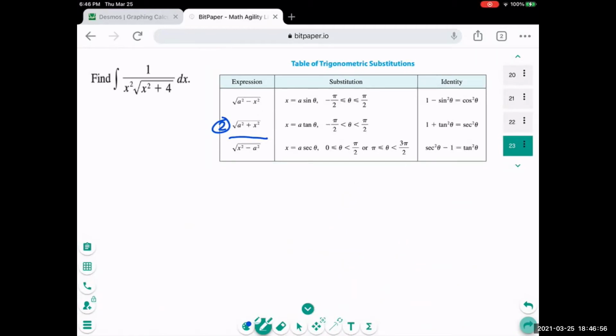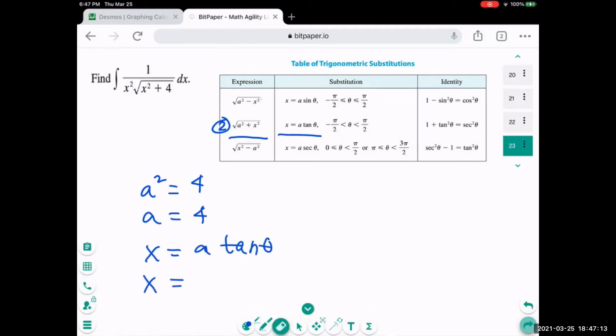So actually our a squared here in this case is 4, right? So ang gagamitin natin is x equals a tangent theta. So x equal, oh sorry, this is 2. Square root of 4 is 2. So this would be x equals 2 tangent theta.